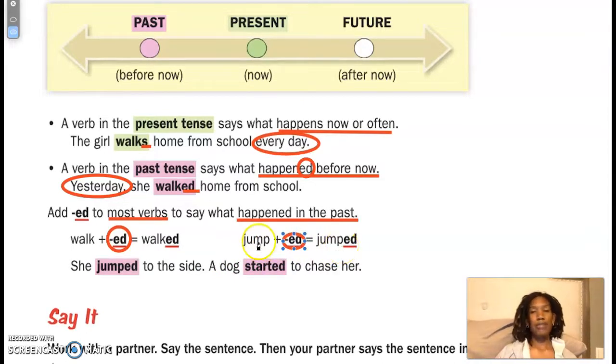Now, jump is present tense, right now or it's often. Jumped is in the past tense, right? That means it happened 2 days ago, yesterday, last week, last year. All right. The example says, she jumped to the side. A dog started to chase her. Okay, so here we are. Jumped in the past tense, started in the past tense.